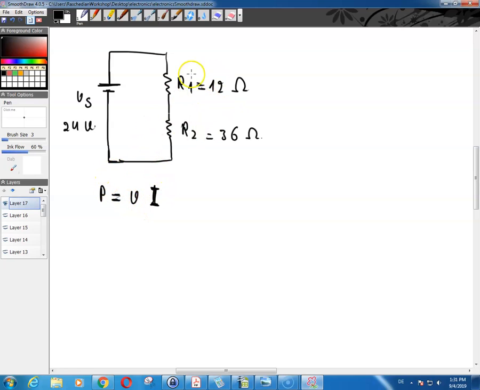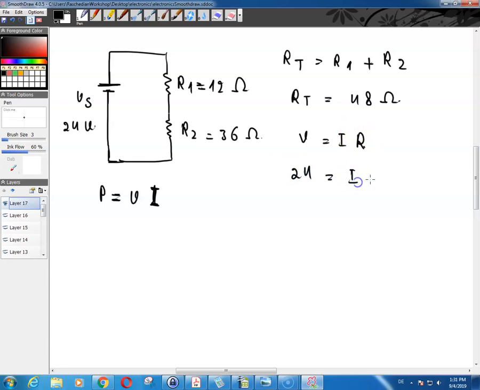So if you have these two resistors over here, R of T is going to be equal to R1 plus R2. So R of T is equal to 12 plus 36, which is 48 ohms. Now the current going through the circuit: V is equal to IR, so 24 volts is equal to I times 48.